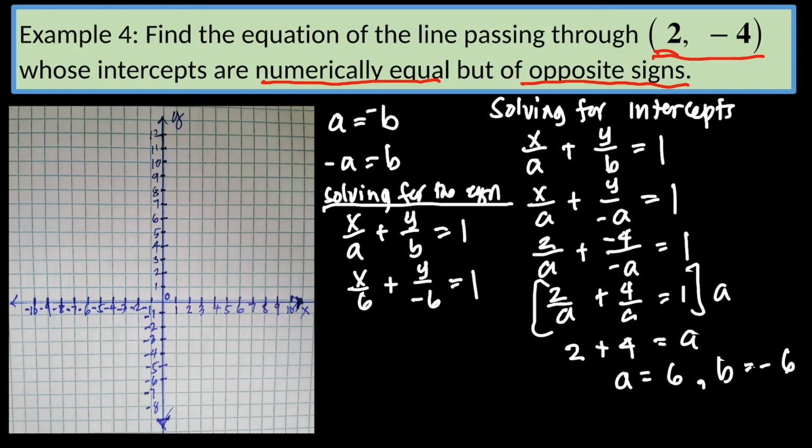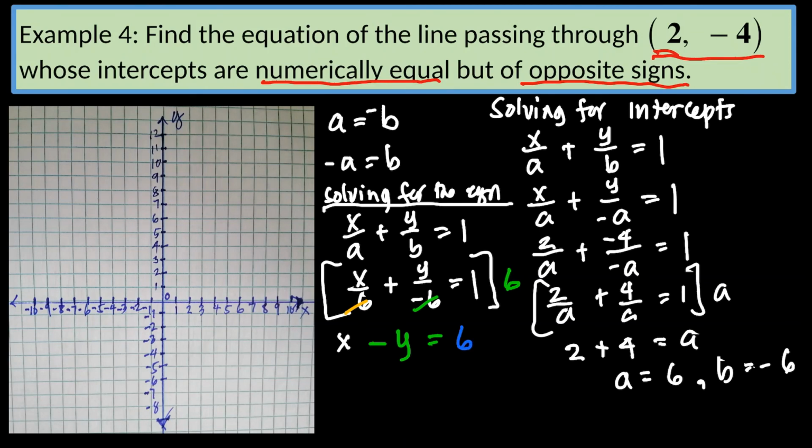Now we multiply both sides by 6. So this will give us x minus y equals 6.